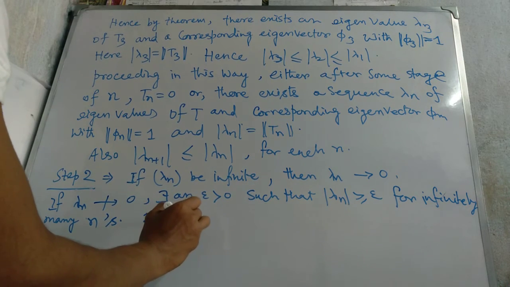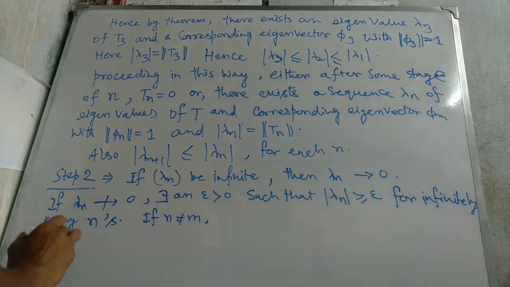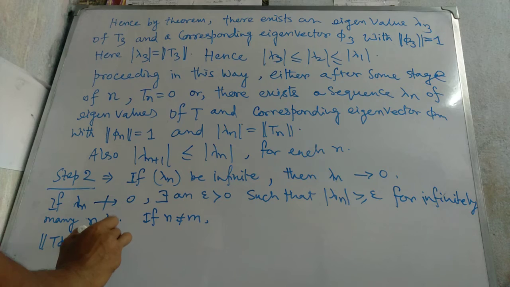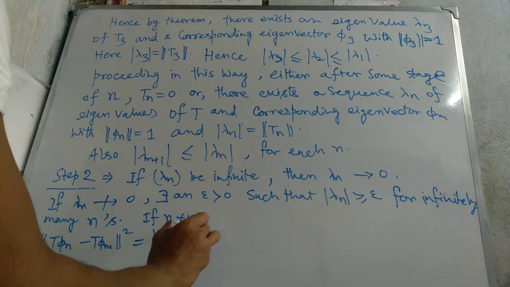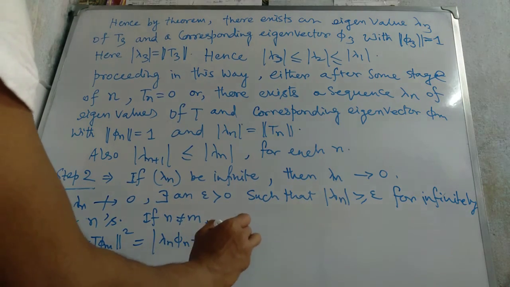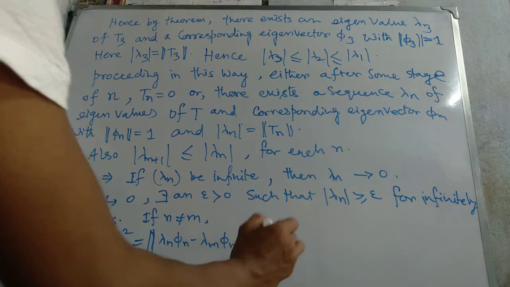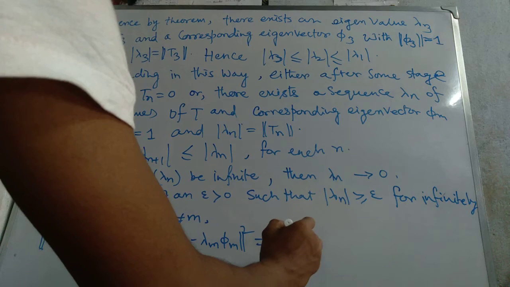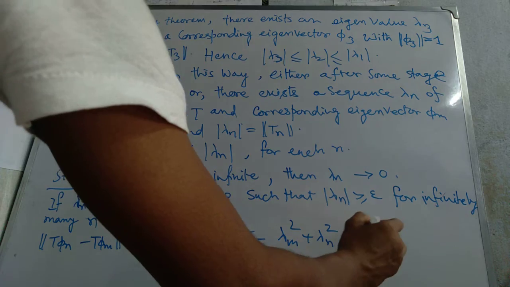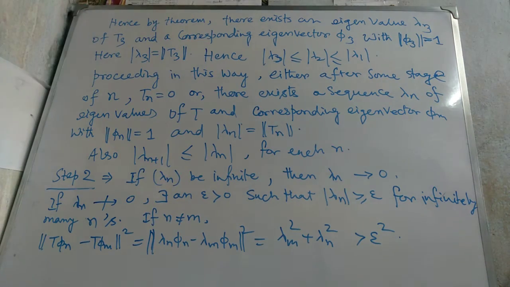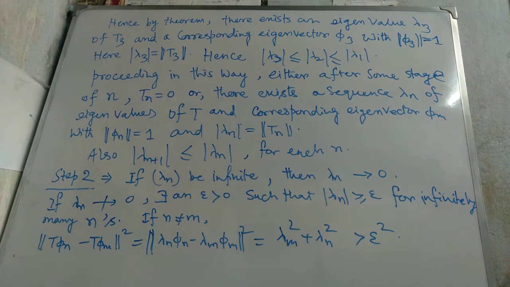If n is not equal to m, then norm of T phi n minus T phi m squared equals lambda n phi n minus lambda m phi m squared, which equals lambda m square plus lambda n square, greater than or equal to 2 epsilon square.